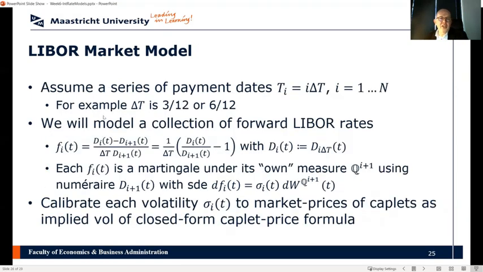But as I said earlier, the price that I'm paying is that each individual LIBOR rate lives under its own probability measure Q^{i+1}. But I also want to model F_i and F_j and F_k for all these different values for i from 1 to capital N. So I want to bring all these forward LIBOR rates under the same martingale measure.